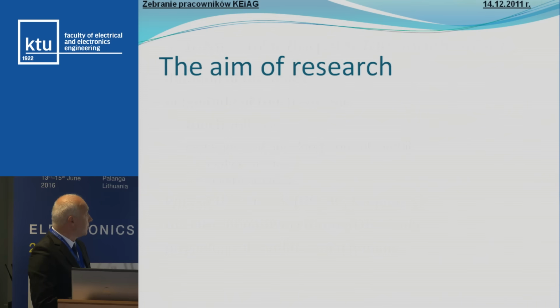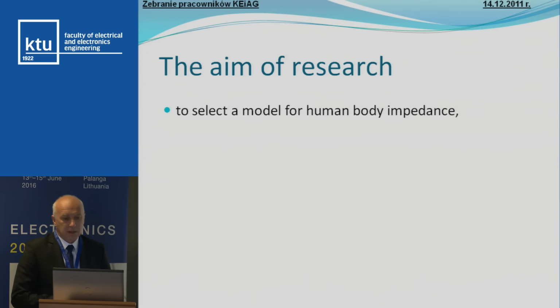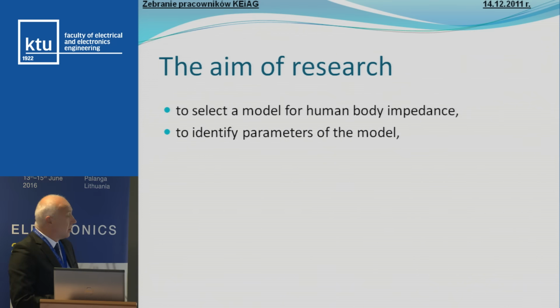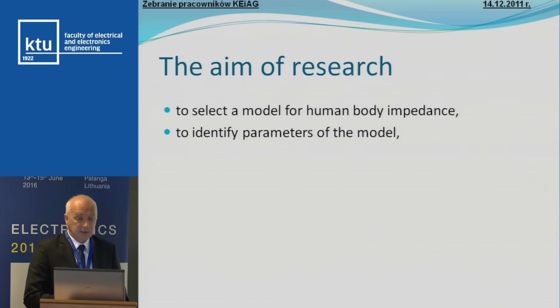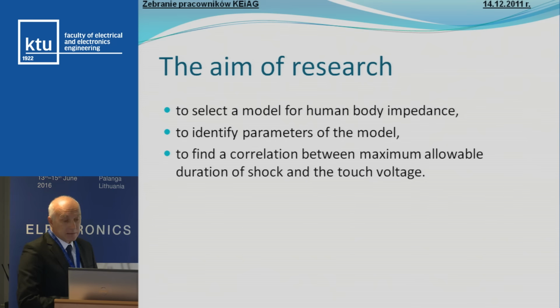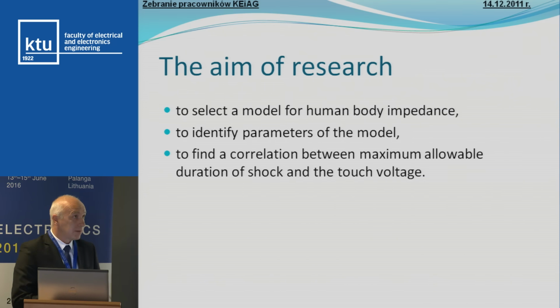The aim of research was first to select a model for human body impedance. We have a lot of models described in the literature. We selected one of the models. Then, as I said, we identified the parameters of this model, and we found a correlation between maximum allowable duration of the shock and the touch voltage.